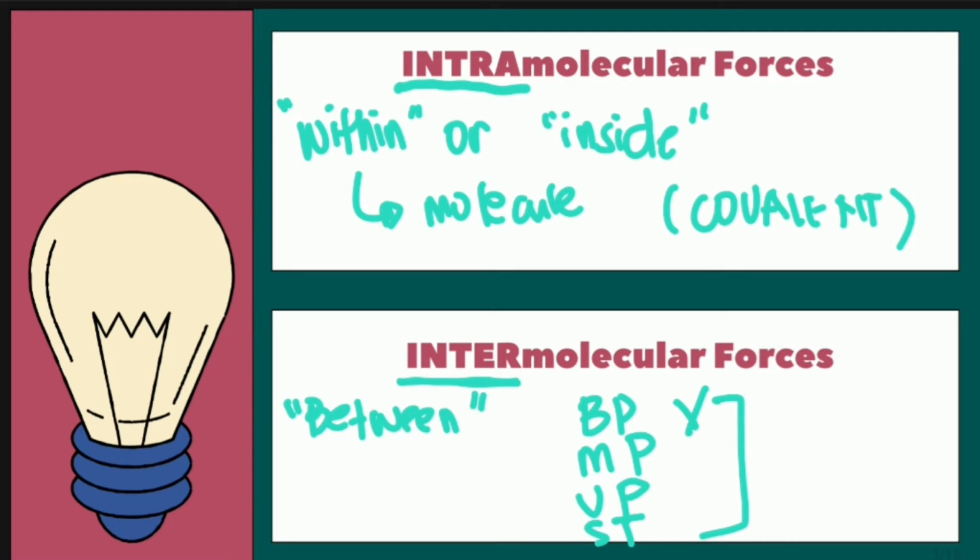Kung mas malakas yung intermolecular force, mas mataas din yung value nitong mga properties na ito. The relationship between these properties in a substance or in a compound with their intermolecular force is directly proportional. Meaning, kapag mataas ang intermolecular force, ibig sabihin, mas mataas din yung value ng mga properties na to.